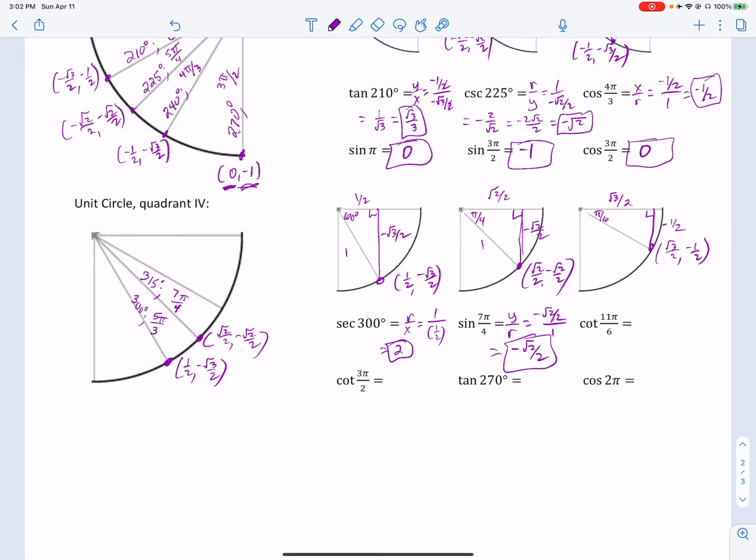We should be checking. Your x coordinates are all positive in quadrant 4, your y coordinates are going to be negative. And then cotangent is x over y. So it's root 3 over 2 over negative 1/2. If you multiply by that negative 2 over 1, the 2's will cancel. You end up with a negative root 3.